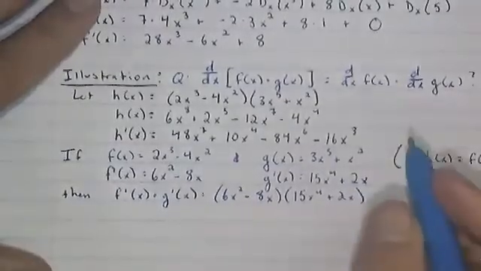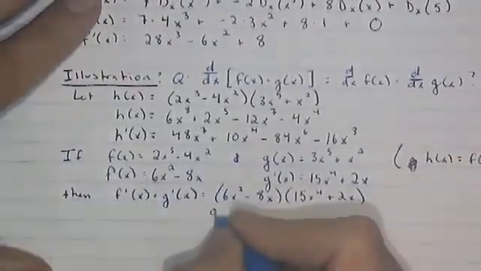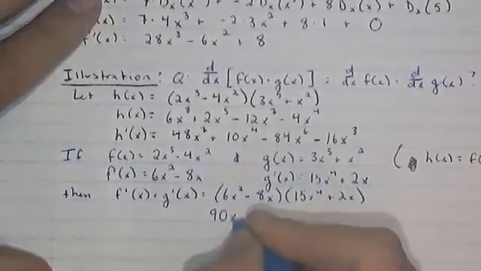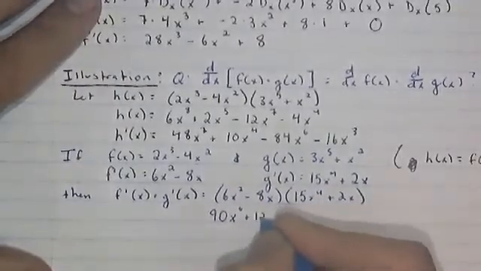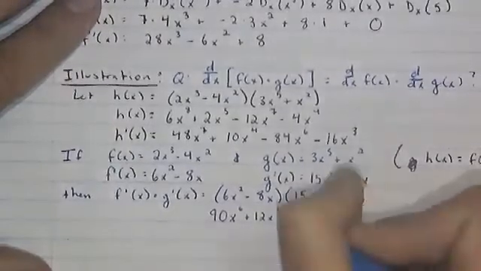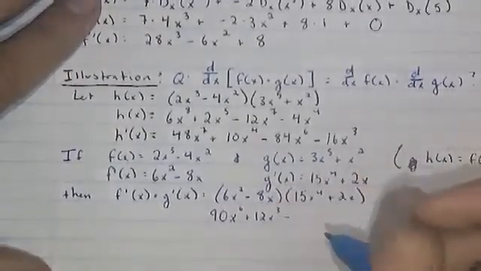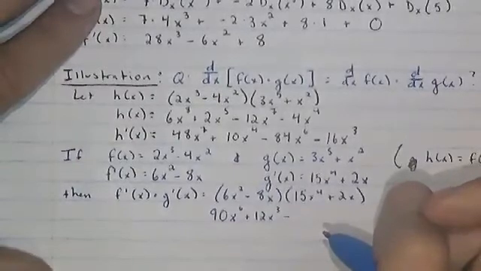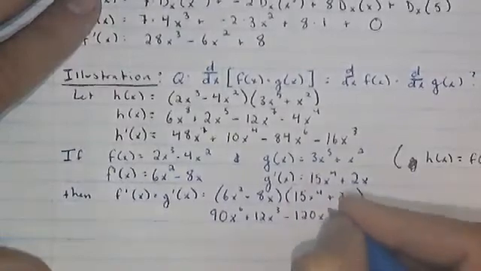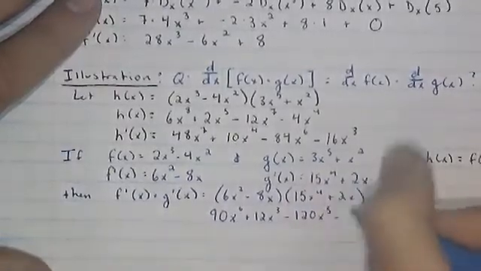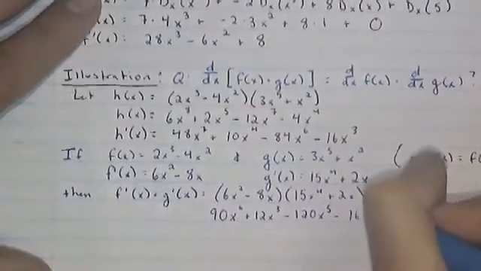We're going to get like 90, maybe? 90x to the sixth plus 12x cubed minus, somebody help me. Thank you. Minus 120x to the fifth minus 16x squared.